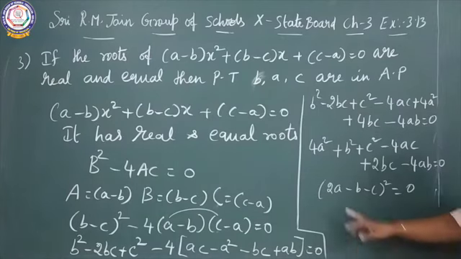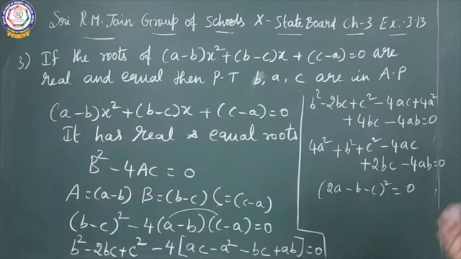See here, what is (a plus b plus c) the whole square? a square plus b square plus c square plus 2ab plus 2bc plus 2ca.